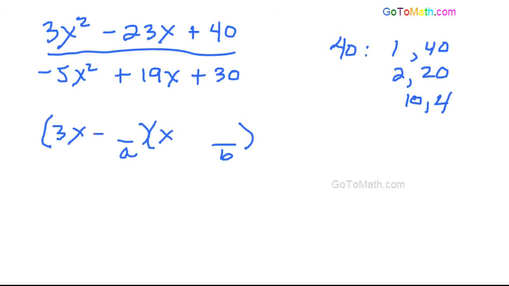So what that tells us is this must be a minus, and that's got to be a minus also. Okay, so that's kind of good. So two numbers that multiply together give us 40. And now that we go 3 times B plus A is equal to negative 23. So let's take a look at this.